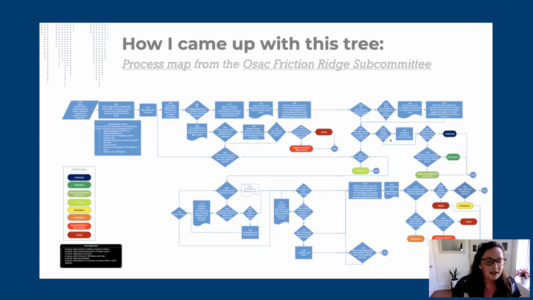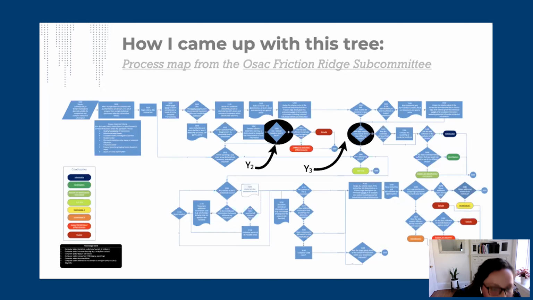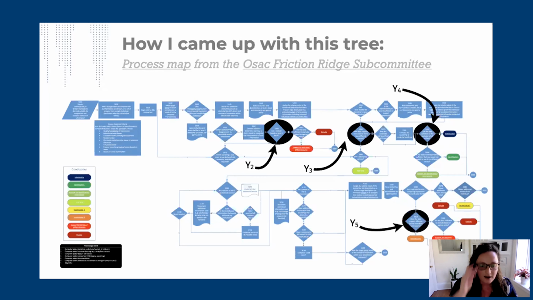And so if we go through and pick out certain decisions in this process map, Y2 represents, can I exclude based on level 1 detail? Y3 is, does the data support same source more than different source? Y4 is, are the data sufficient to the exclusion of all others? And then Y5 is, does the data support different source more than same source?